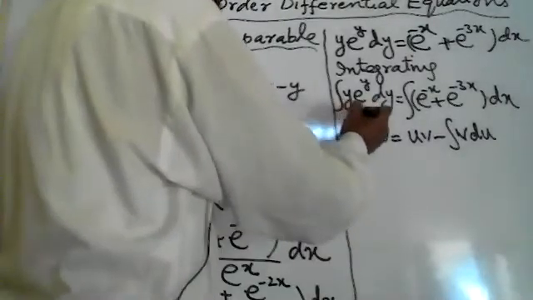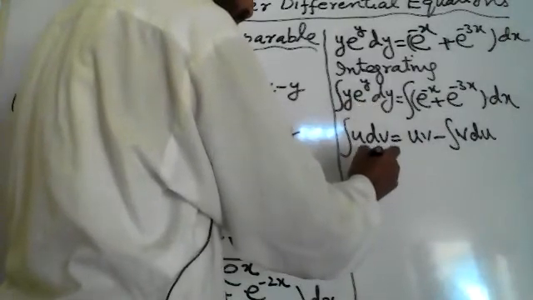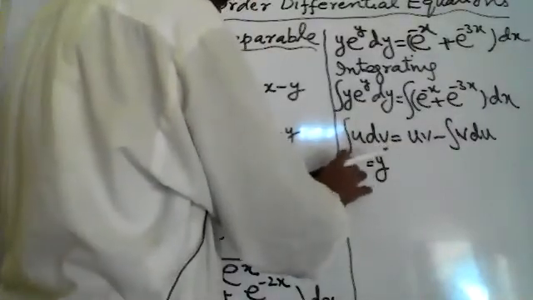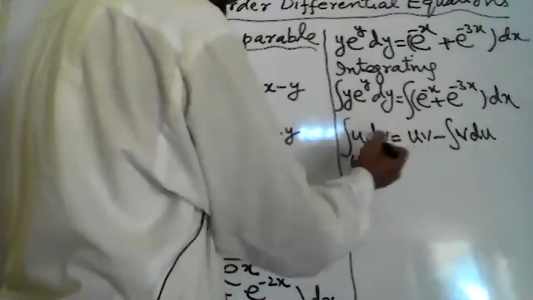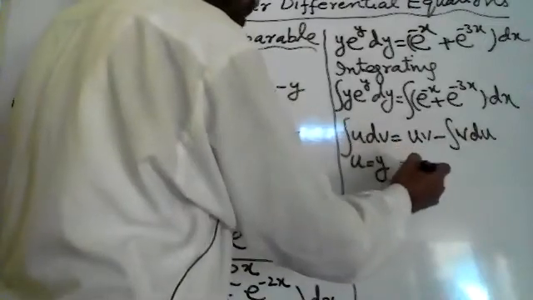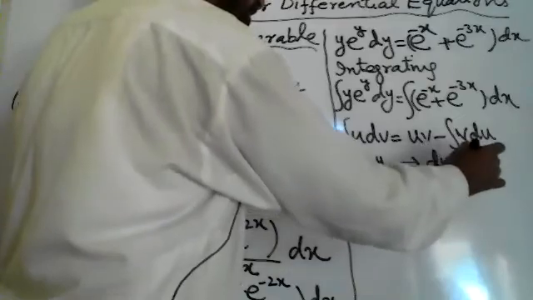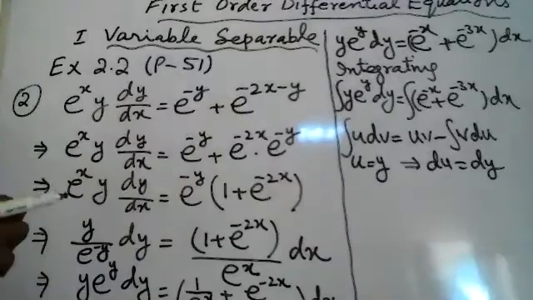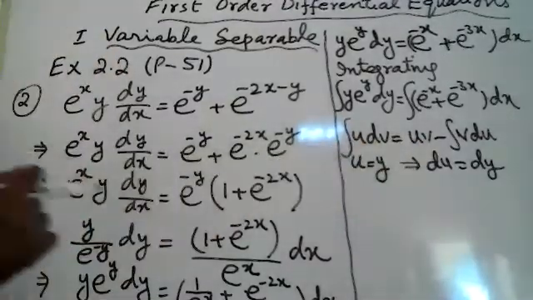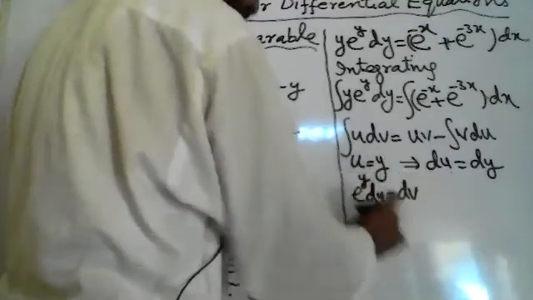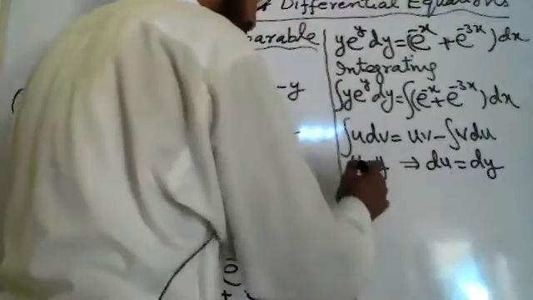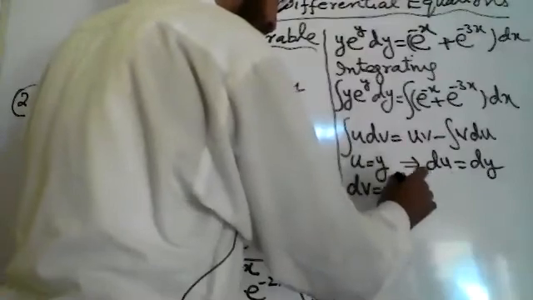So here y will be considered as u, and we will write y there. Du is the derivative of this one, so if u is equal to y, then du is equal to dy. Now dv is e raised to power y dy.